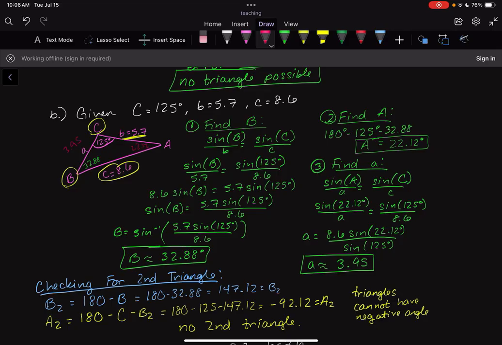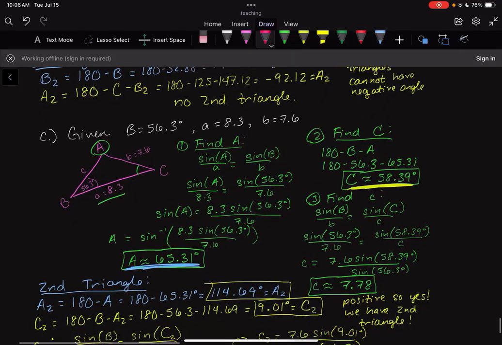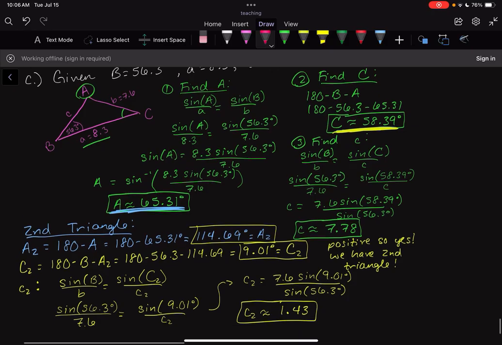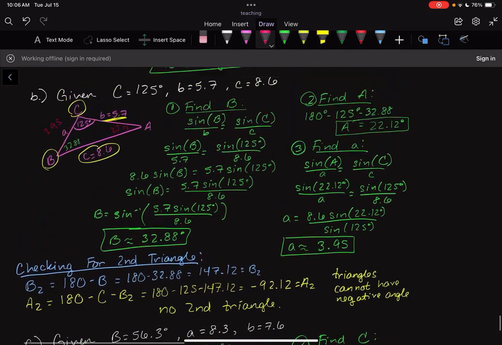And A is my smallest angle, and it is across from my smallest side. So that's a way to check yourself and make sure that you probably did it right. You can always check that at the end of your problem.